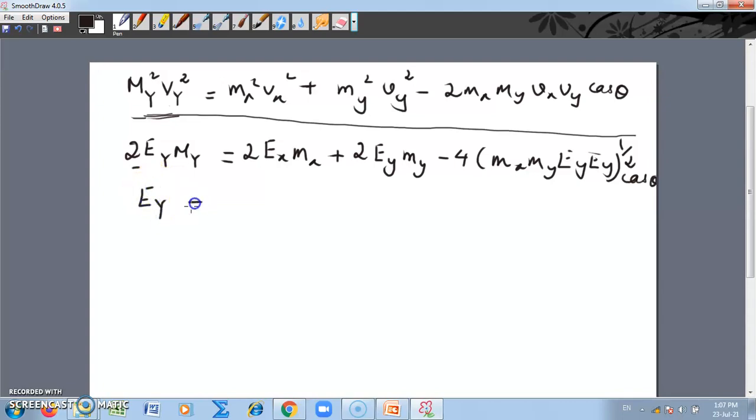So EY then gives us what? We have 2 all over, so the 2 will be cancelled, and only a 2 will be left out here. So we have here, this is Ex, so all the 2's will go this way, and we will have a 2 out here: Ex mx divided by m capital Y. So please be careful with the capital letters and small letters, because it might give you an erroneous result at the end if you confuse them like I do.